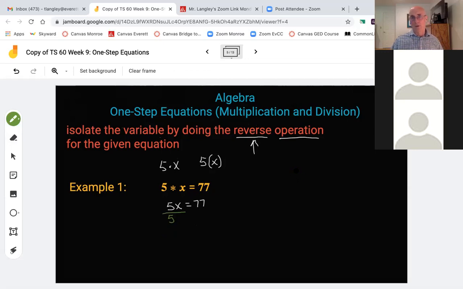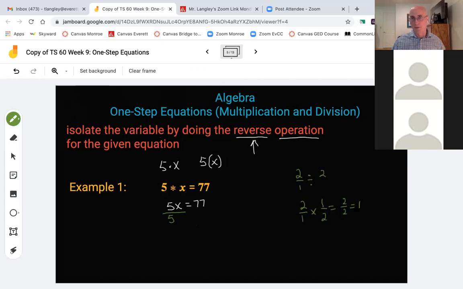Because you know that from when we did fractions, 2 over 1 divided by 2 becomes, you take the number on the right, and you go 2 over 1 times the reciprocal, which is 1 over 2, and then you would get 2 over 2 by multiplying, and that just equals 1.